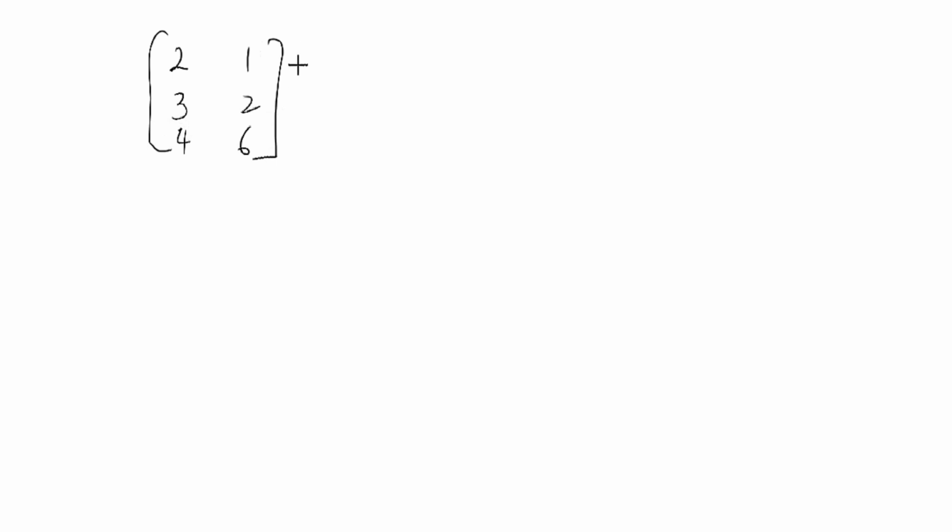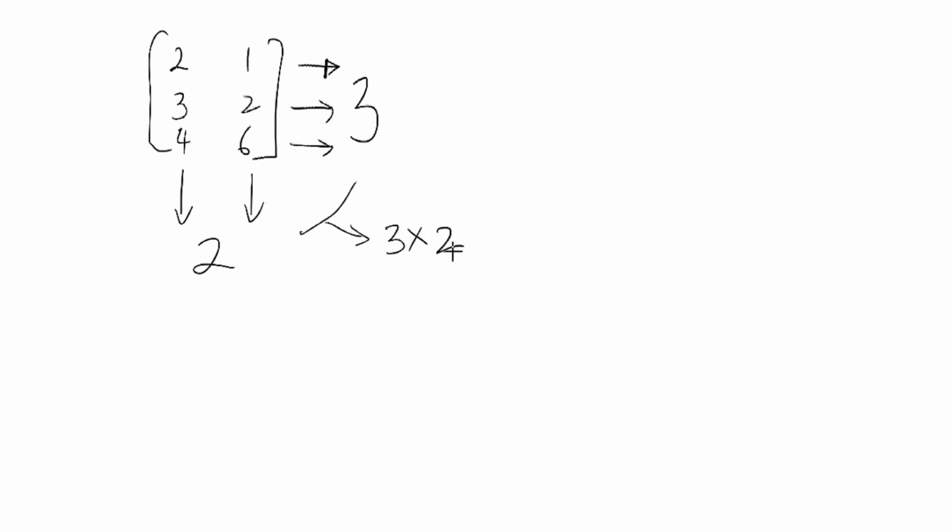Now, this matrix 2, 1, 3, 2, 4, 6 is quite different from what we've been looking at. How many rows do we have? This is first row, second row, and third row. So we have 3 rows. We also have 2 columns. So this is what we call a 3 by 2 matrix.